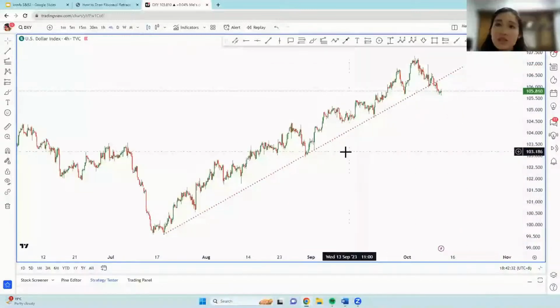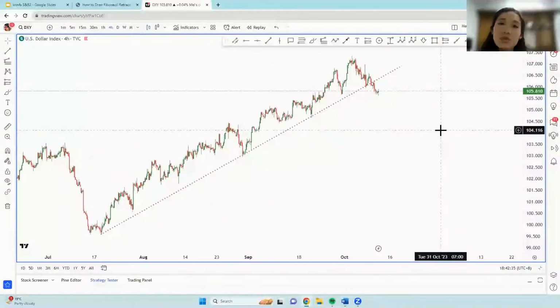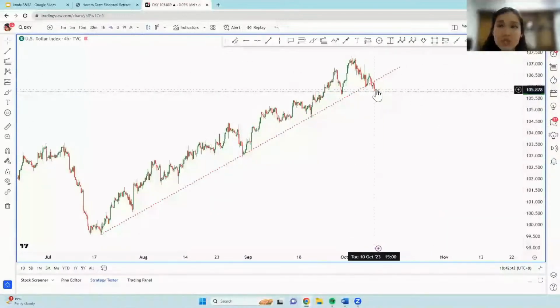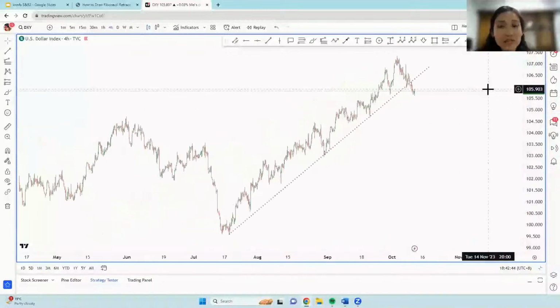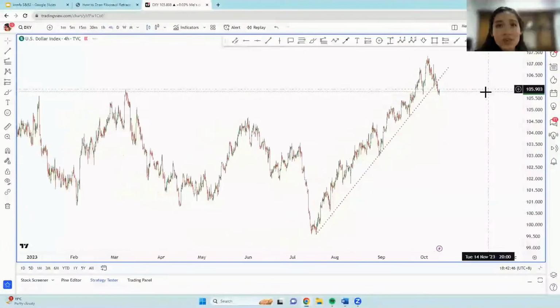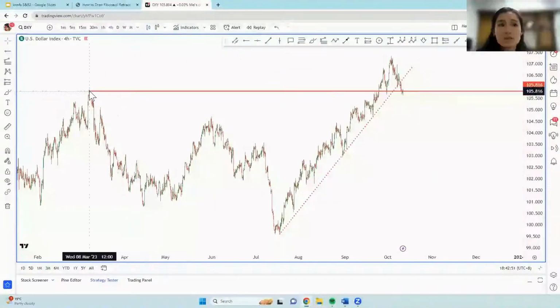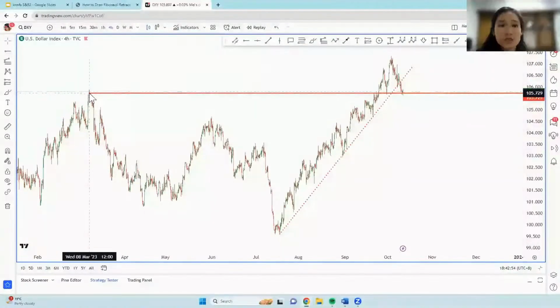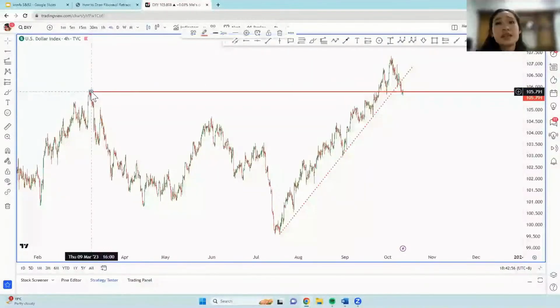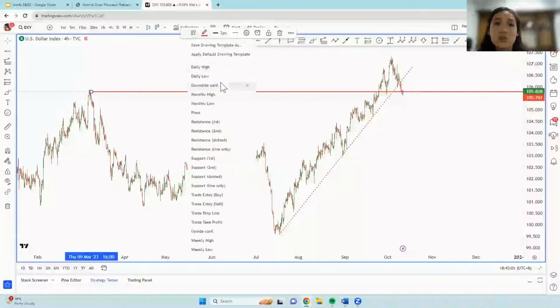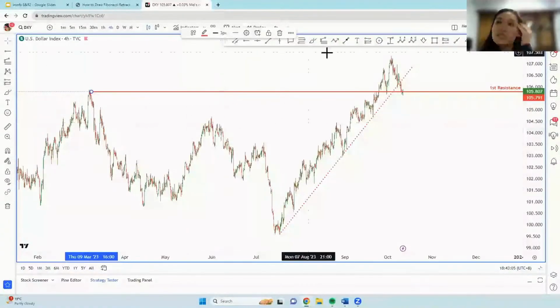Even though our weekly and daily time frames give us a bullish signal, this is kind of bearish because price is breaking out of the trend line. Okay, so we'll just keep that in mind, the mix in signals, in graphical signals. Okay, and that's why we use indicators, momentum indicators, as well as Fibonacci levels and graphical as well. Okay, so this is my first resistance.